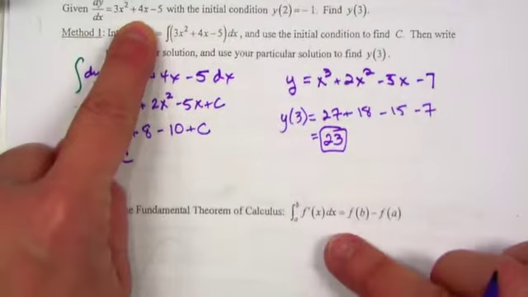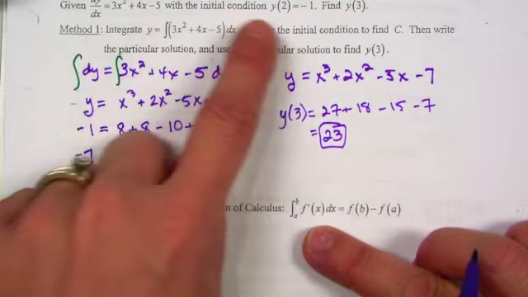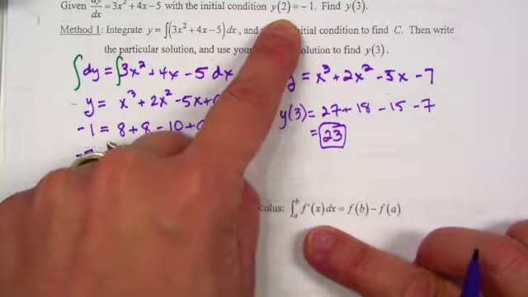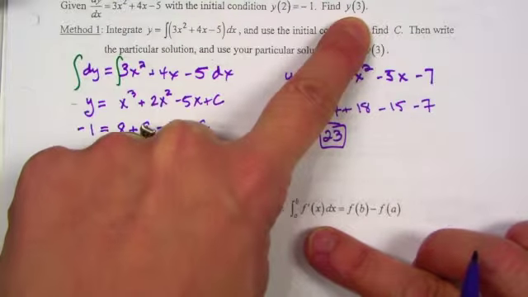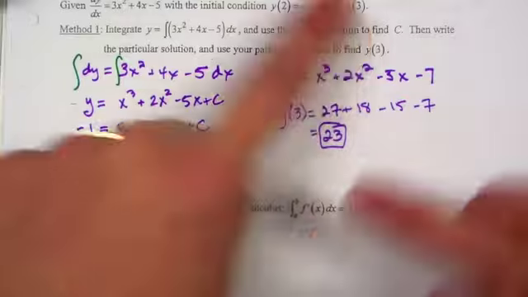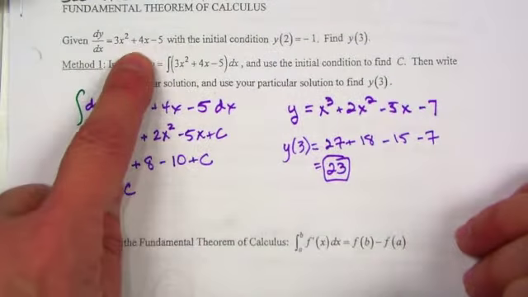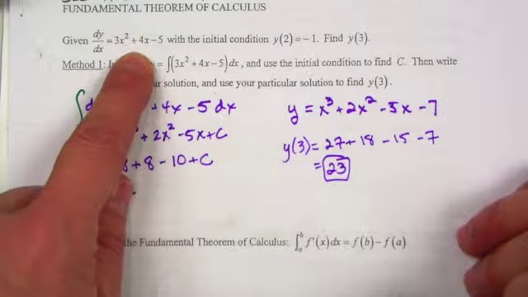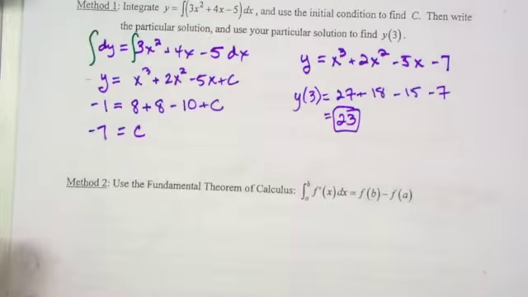Have we been given f prime? Yeah. Have we been given a point? Yeah, and we're looking for the y value of the other point. This method is actually a lot quicker, and sometimes it is necessary because sometimes you cannot integrate this by hand. Okay, so that's when it would come in.